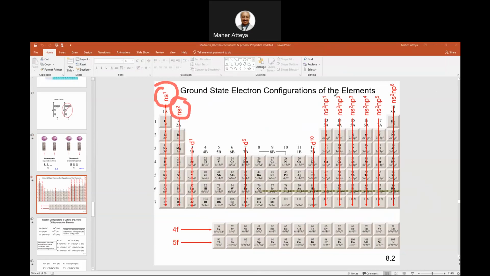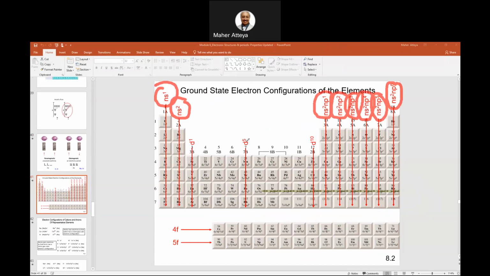Group 3A, their valence electrons are in this. 4A, when I say 4, you can add 10 to it, it will be 14, correct? 5A, add 10 to it, is 15. 6, add 10 to it is 16. So the valence electrons are this. And 7, add 10 to it, is 17. And 8, add 10 to it will be 18. And this is the valence electron hosting orbital. You can just write them on a piece of paper so you can look at this.